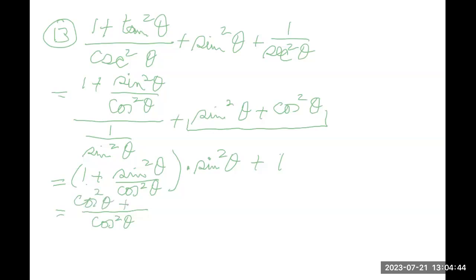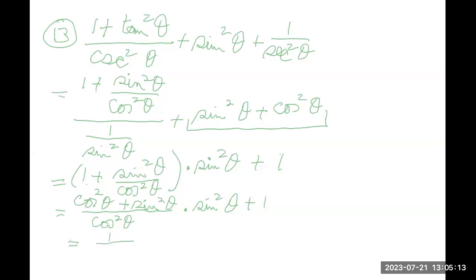In the second term, we already have a cosine squared theta in the denominator, so the numerator just remains sine squared theta. And times sine squared theta, and then plus 1. Cosine squared theta plus sine squared theta again is 1.